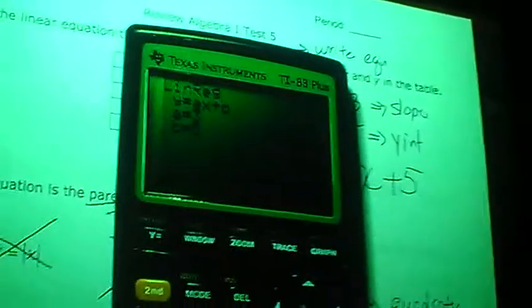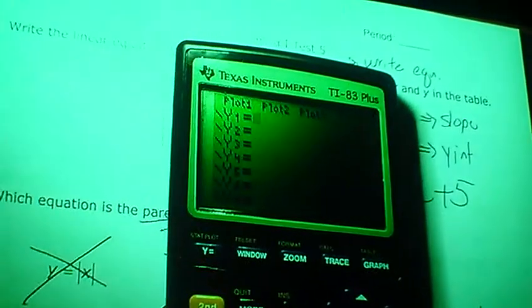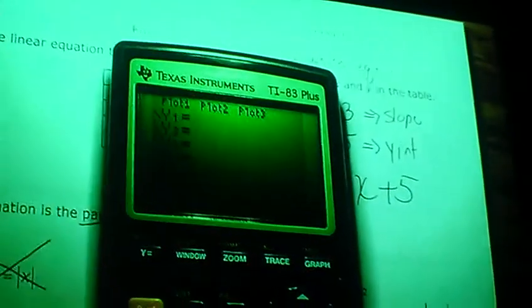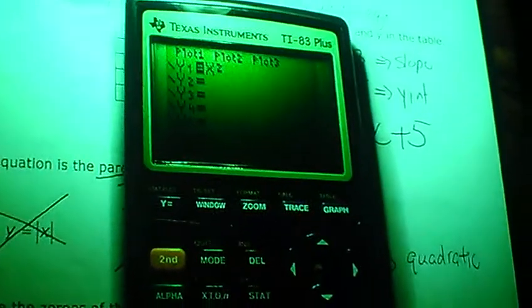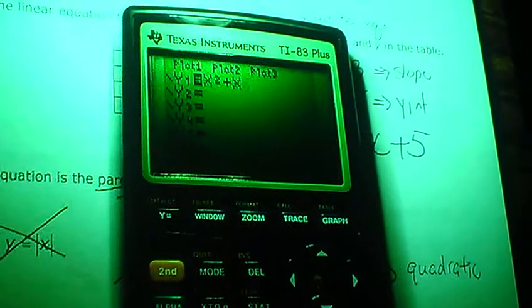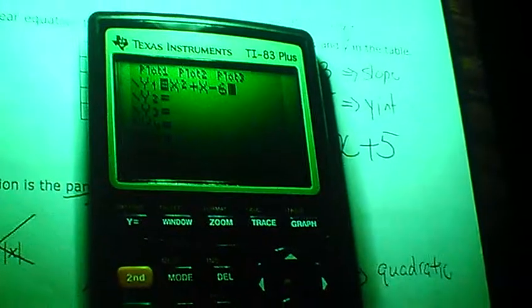And we'll go to our calculator. Clear that out. We go to y equals, and we type in our equation. X squared plus x, subtract 6. And we go to graph.